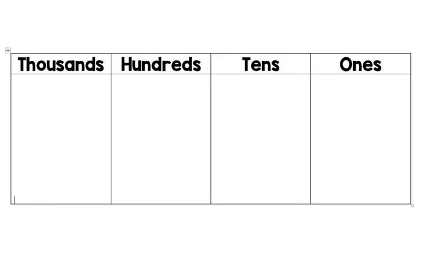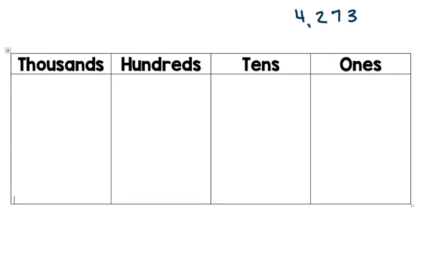Now we're going to use a different number. We're going to add another column and add thousands to our place value chart. So let's say that I have the number 4,273.